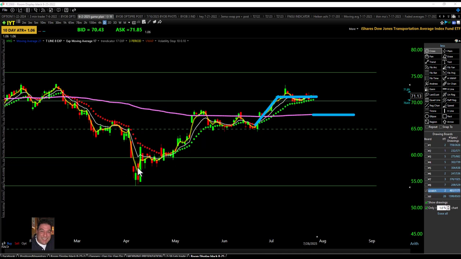You can see price moves up, builds a launch pad, takes a ride, builds another launch pad. Call this a space station, and then we're looking for another blast off there. So there's IYT. Everything is bullish. Everything that we need to have a robust rally, which we already have.